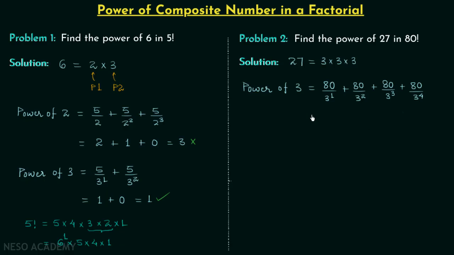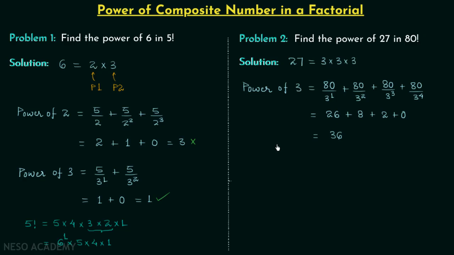Let's do the calculation. 80 when divided by 3 will give you the integer part equal to 26. 80 when divided by 9 will give you the integer part equal to 8. 80 when divided by 27 will give you the integer part 2, and from here we will have the integer part equal to 0 after the division. Now we will perform the addition and we will have 36 as the result. So 36 is the highest power of prime number 3 in 80 factorial.